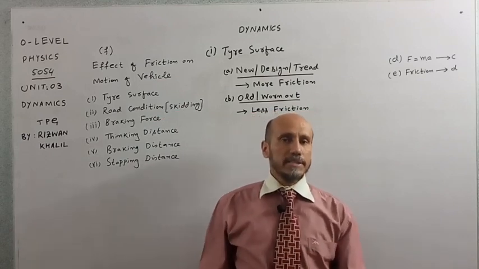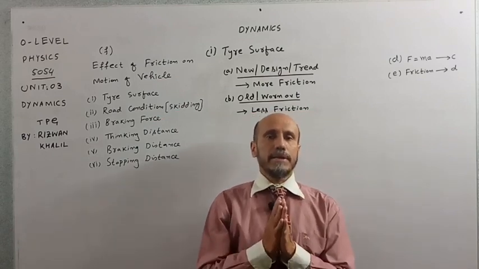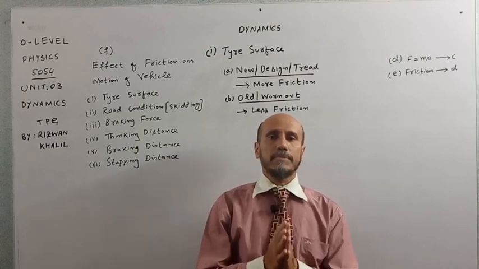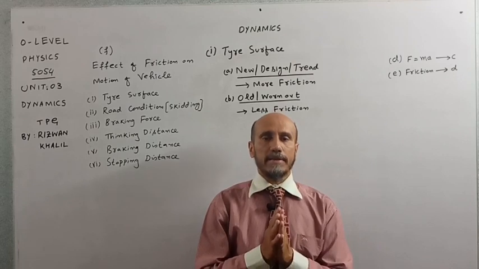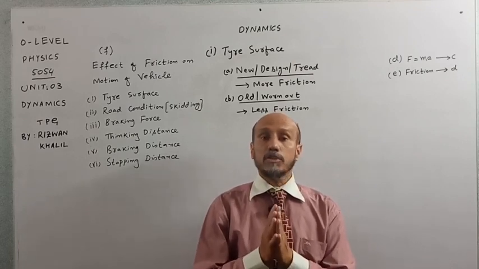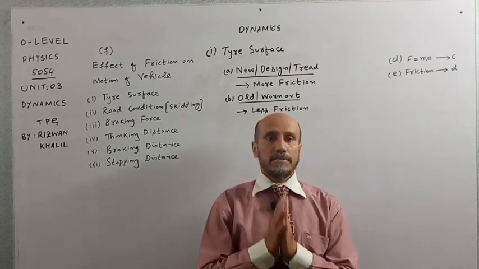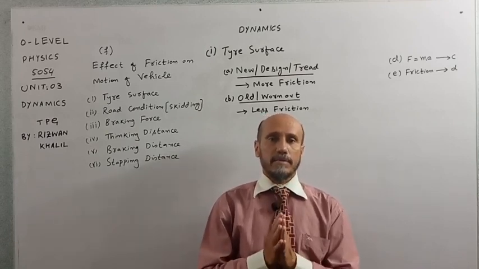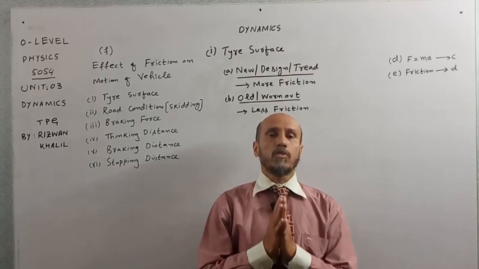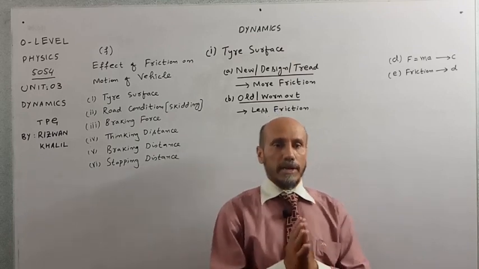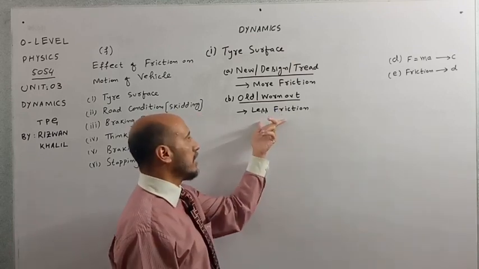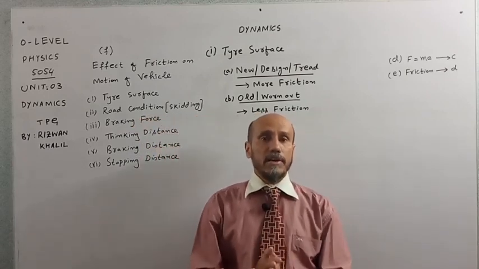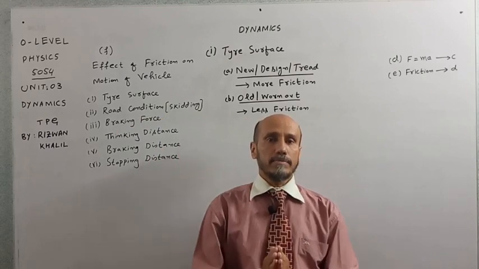Already we have discussed that when there is motion, friction is produced between the surface of the earth and the tire. And which effect is produced? Heating effect. This heating effect melts the rubber of the tire and gradually the tires wear out. So for worn out tires, there will be less friction, and definitely if friction is less, then it will be difficult for us to stop the car.